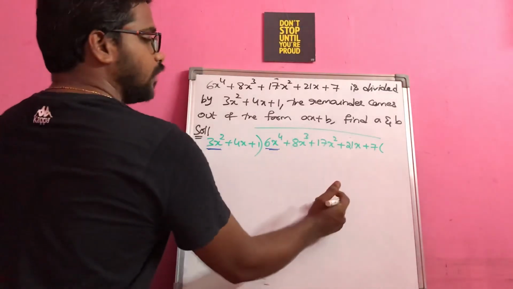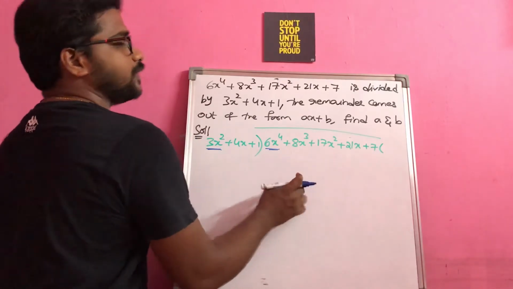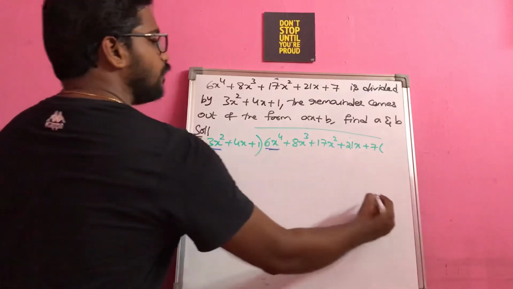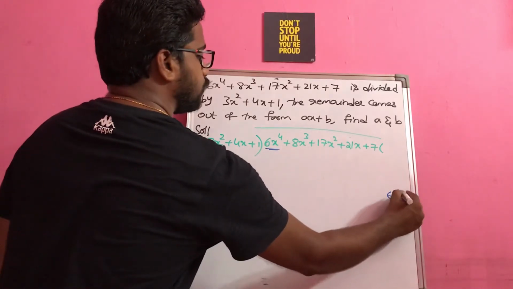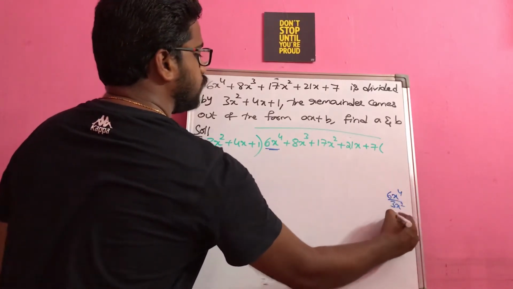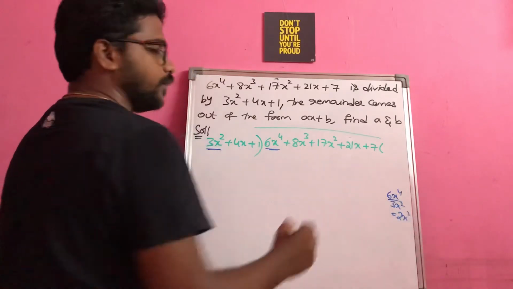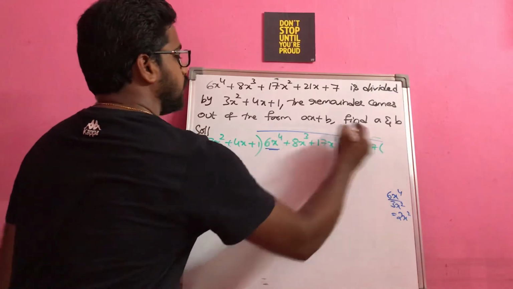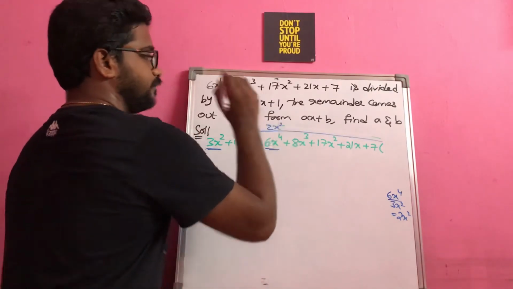So if you divide 6x power 4 by 3x square, you will get 2x square. So my first term in the quotient is 2x square.